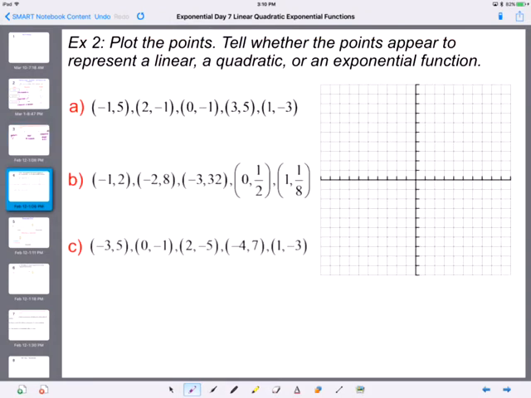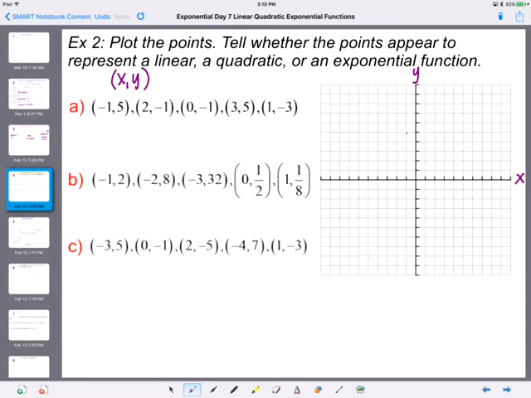Example number 2 says plot the points. Tell whether the points appear to represent a linear, a quadratic, or an exponential function. Remember when we plot our ordered pairs, the first thing in your ordered pair is always your x followed by your y. Please remember your vertical axis is your y-axis, your horizontal axis is your x-axis. In example A, the first point is negative 1, 5.